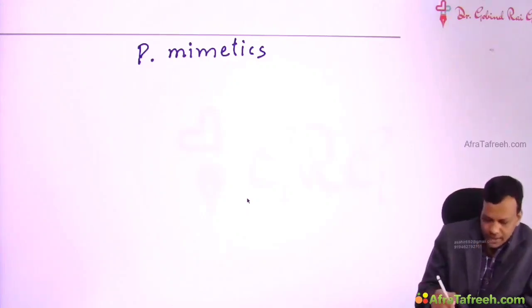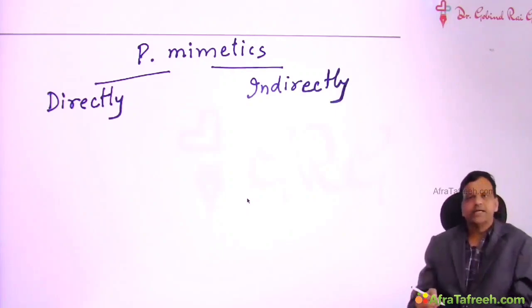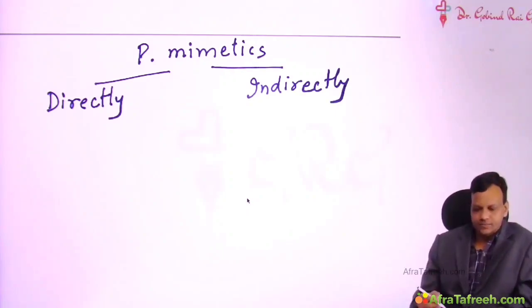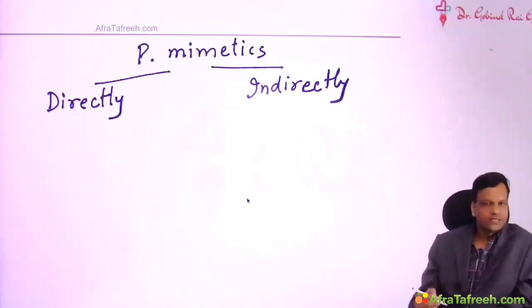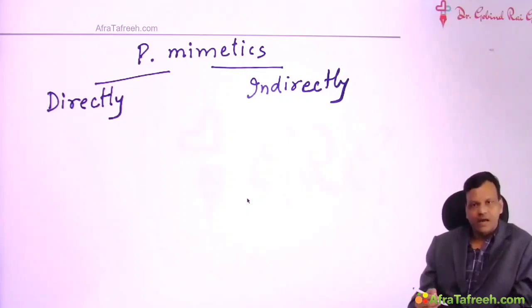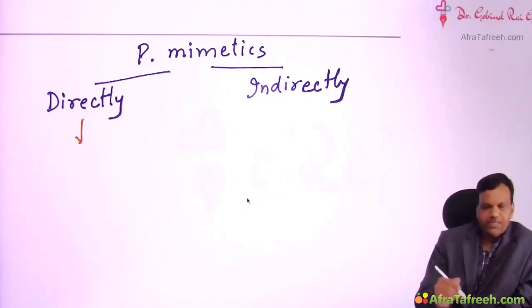Now parasympathomimetic drugs are divided into directly acting drugs and indirectly acting drugs. Now a directly acting drug means it will directly act on any of those 5 receptors, that means NN, NM, M1, M2 and M3. It will directly stimulate any of those receptors.